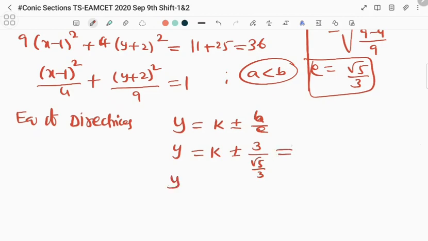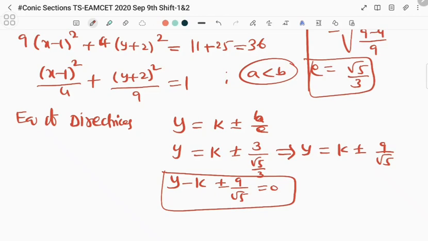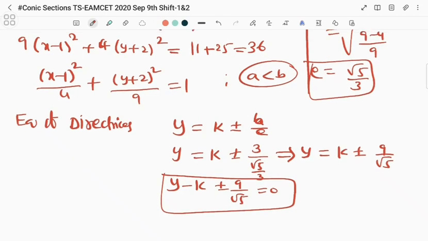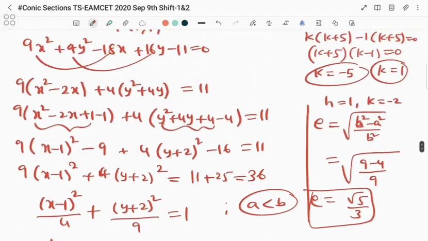So if you simplify this, y is equal to k plus or minus 9 by root 5. So y minus k plus or minus 9 by root 5 equal to 0. This is the line. So for this line, we need to calculate. Sorry, here k is what? K is equal to minus 2.